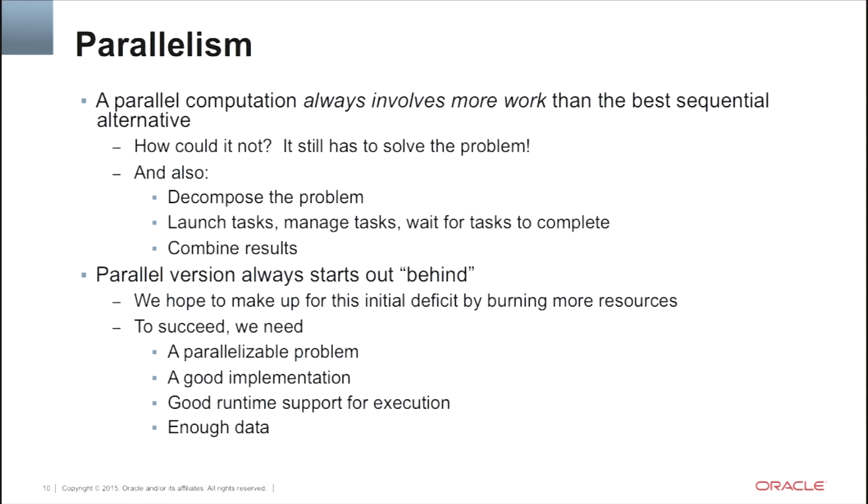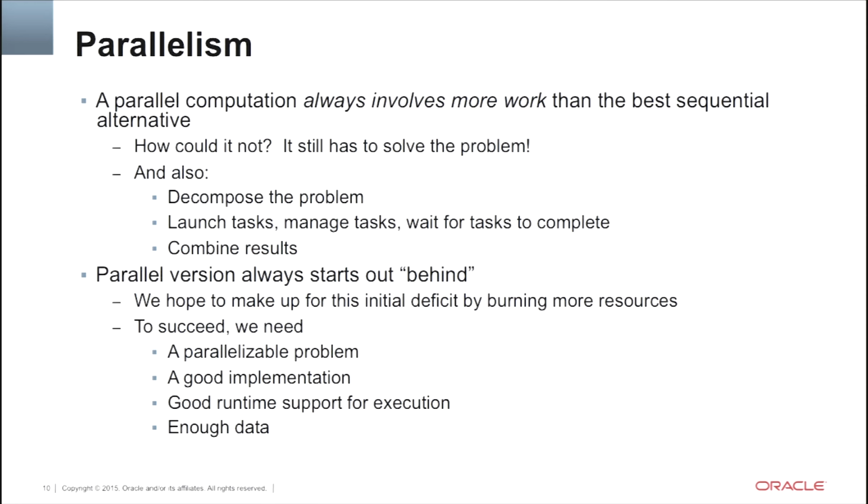Another aspect, that is kind of obvious if you think about it, is a parallel computation will always do more work than the best sequential alternative, because a sequential execution is a parallel execution, just only using one core, right? So the parallel computation inherently has overhead. It inherently is doing more stuff. In addition to solving the problem, which it still has to do, it also has to partition the problem and hand out the tasks to various actors and then combine the results and things like that.